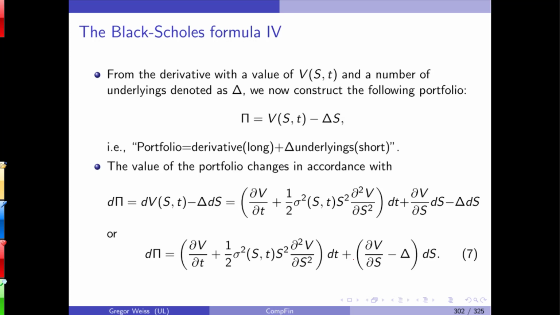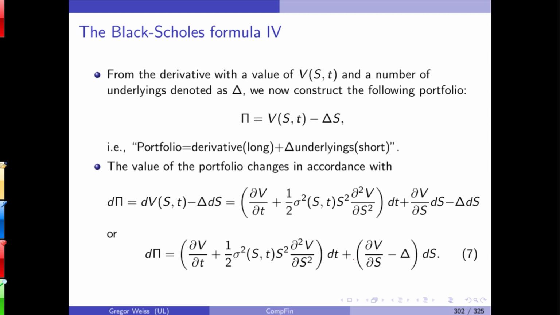Okay. Now, what do we do next? We take the derivative with a value V of S and t, and we build a portfolio. Let's use one option, one derivative, and a number delta of underlyings, could be stocks.